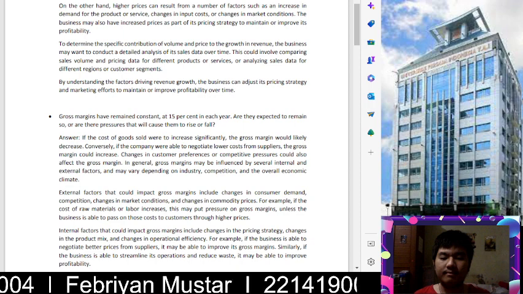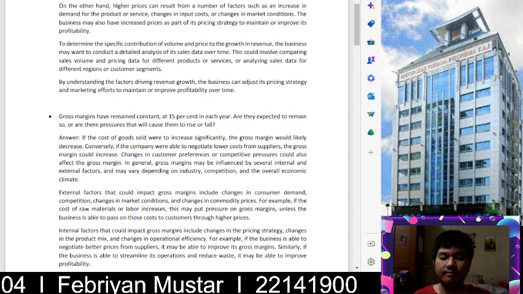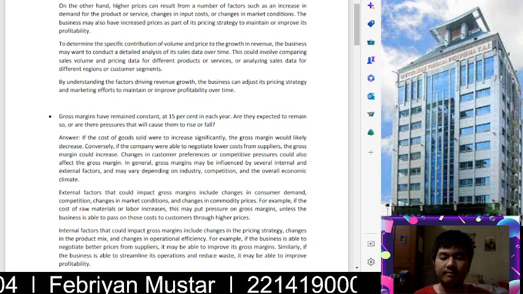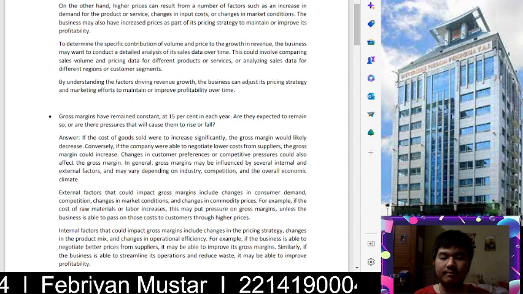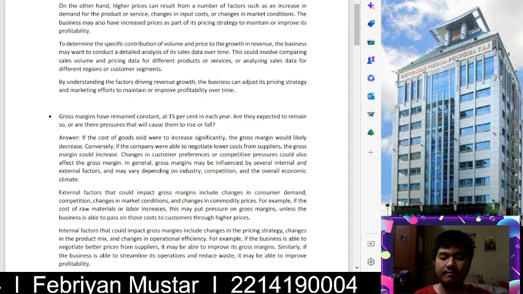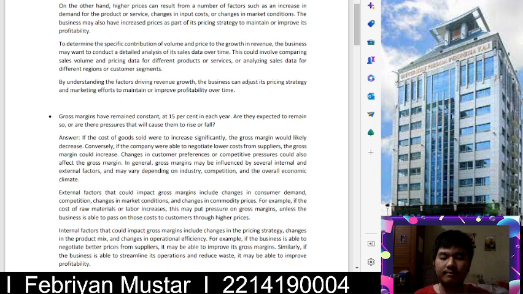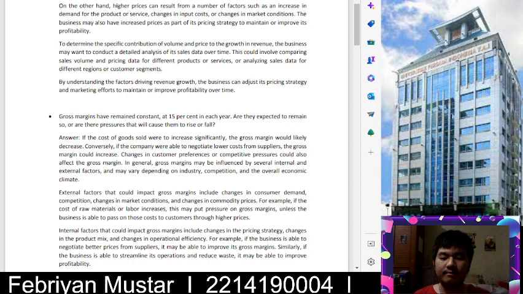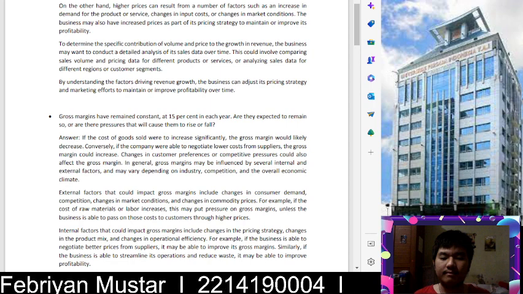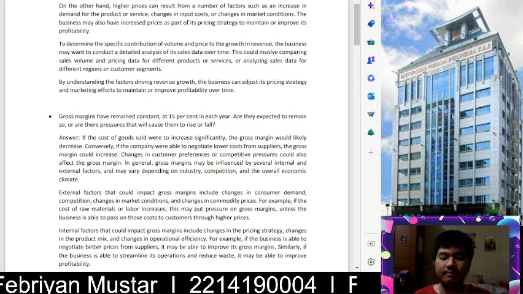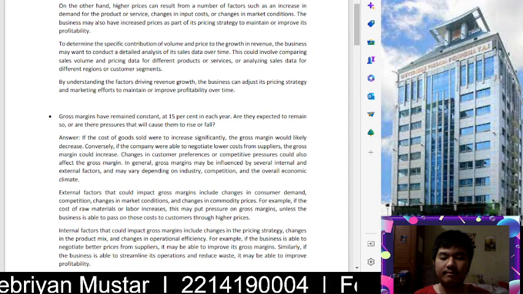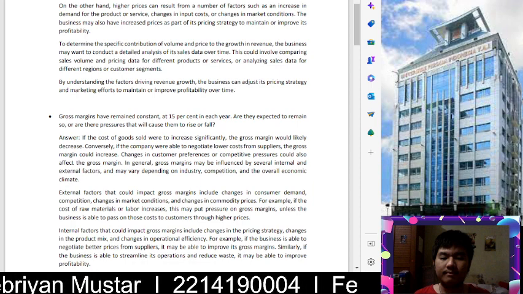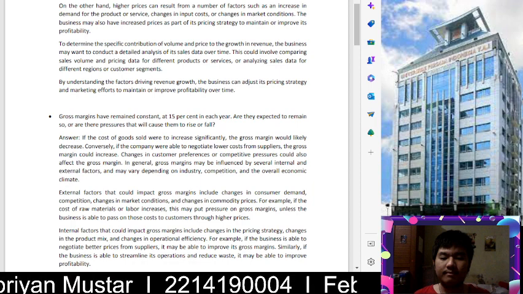A change in customer preference or competitive pressure could also affect the gross margin. In general, gross margin may be influenced by several internal and external factors, and may vary depending on industry, competition, and the overall economic climate.